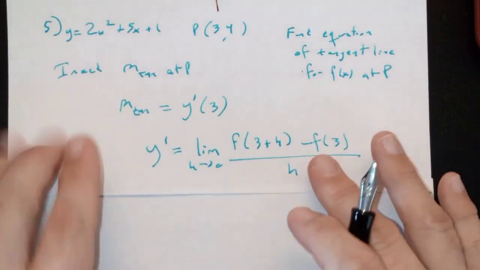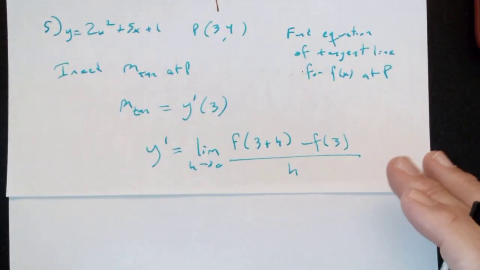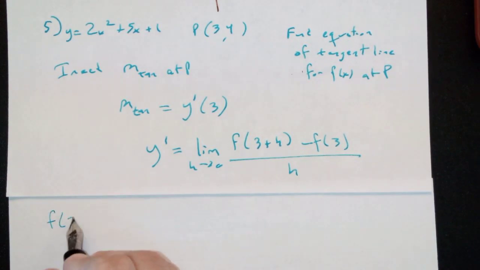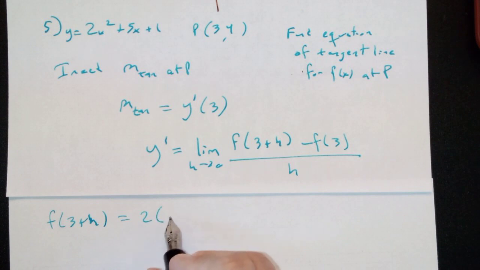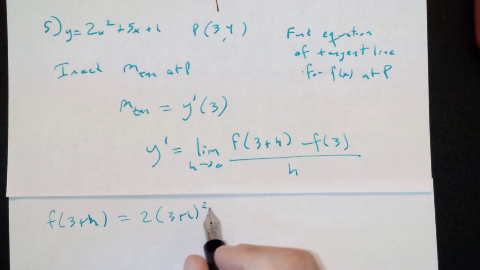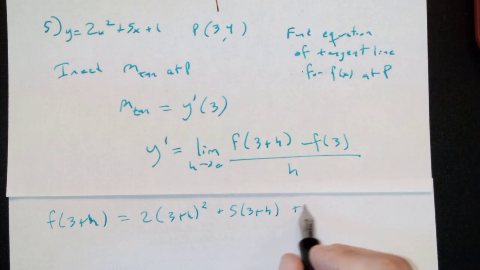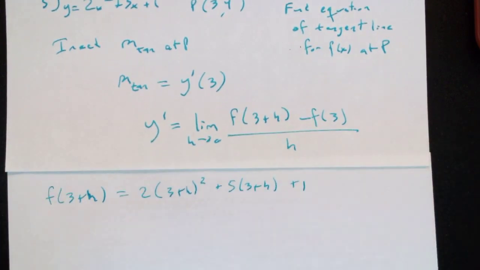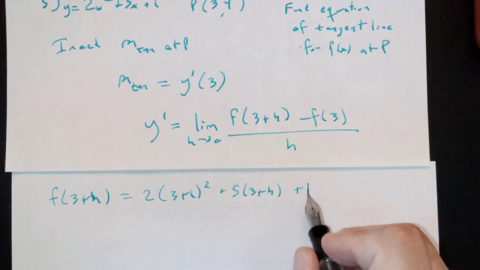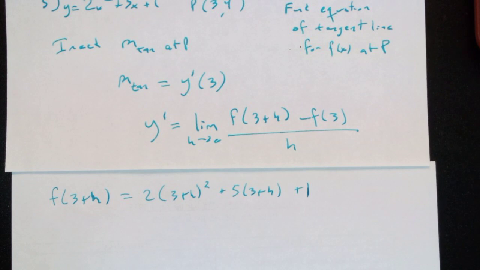But our f is our equation for y. So f of 3 plus h is 2 times 3 plus h squared plus 5 times 3 plus h plus 1. By the way, if I want f of 3, I could put in 3. But they already did.